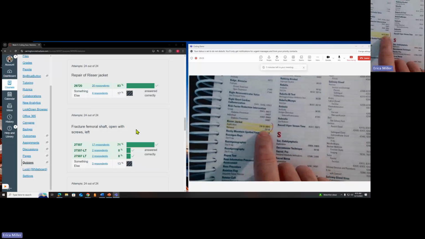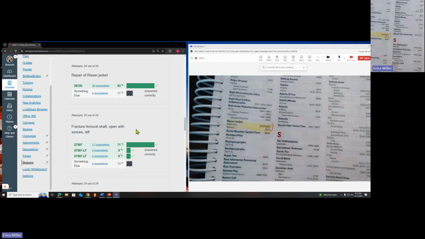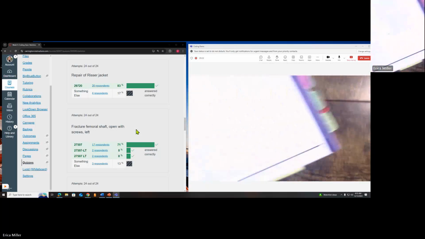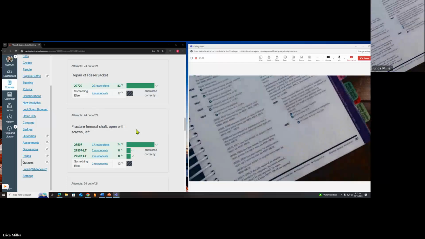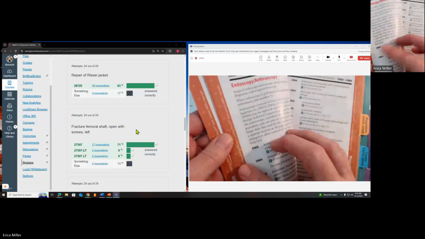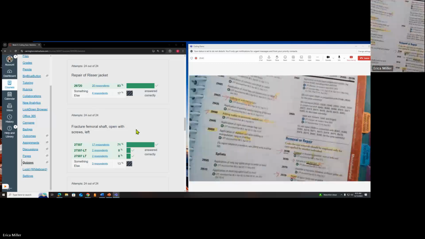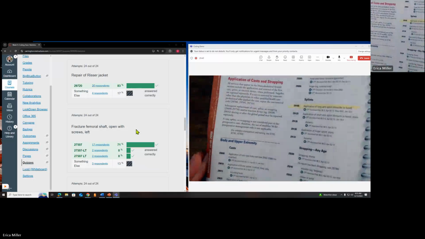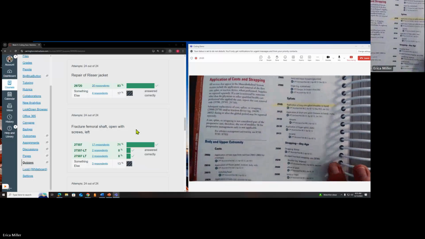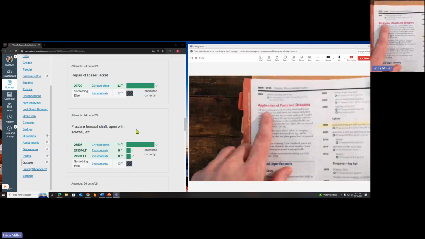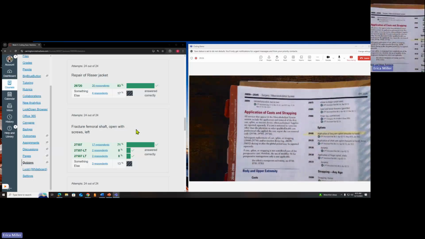So if I was to go over to 29010. Okay, so this is the application of cast and strapping.